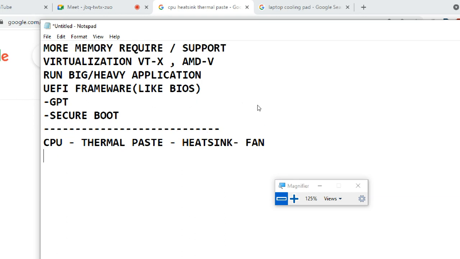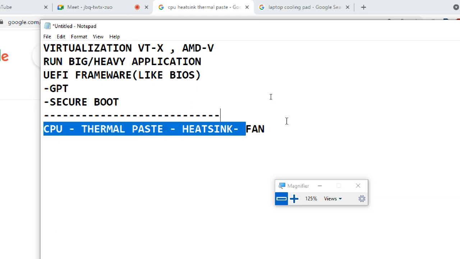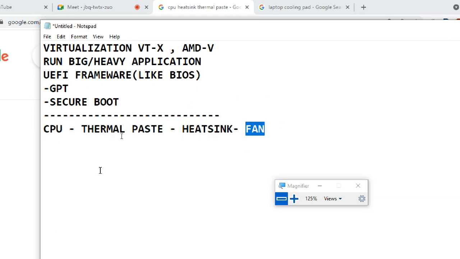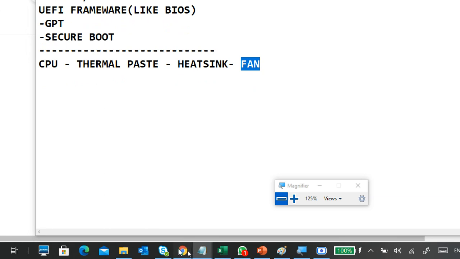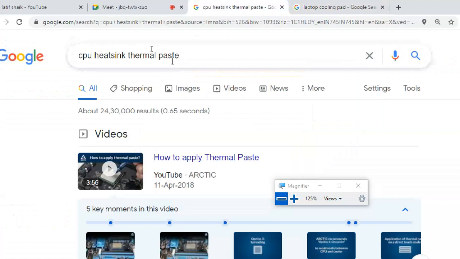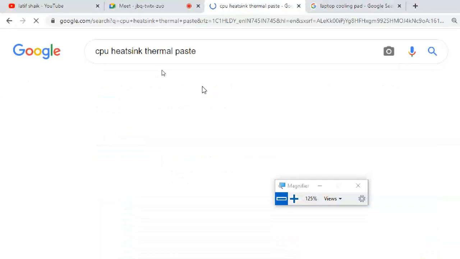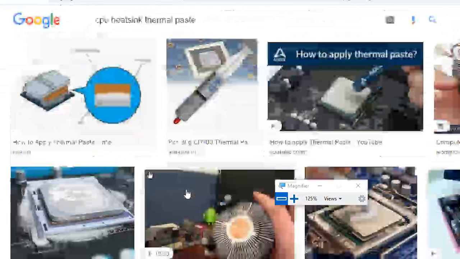Here, if you clean up your heat sink paste, or maybe you didn't install the heat sink properly, or you are blocking your fan, or the fan is not running properly, or the fan got dust.